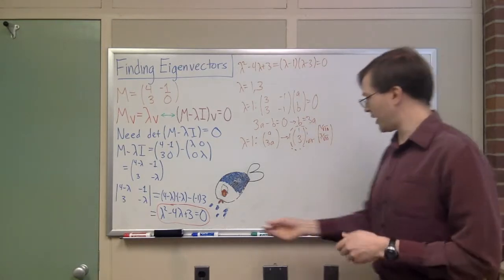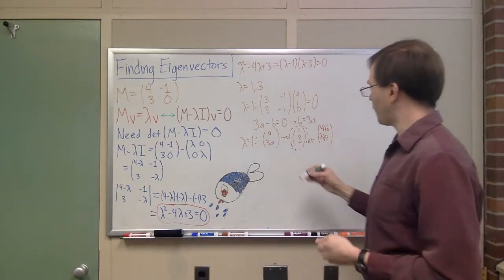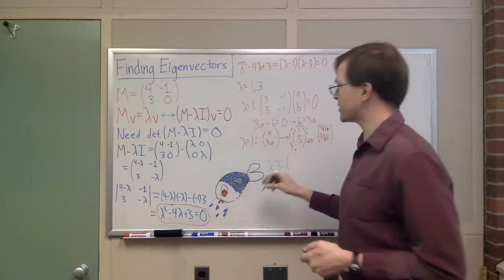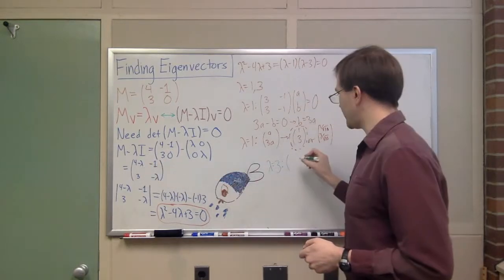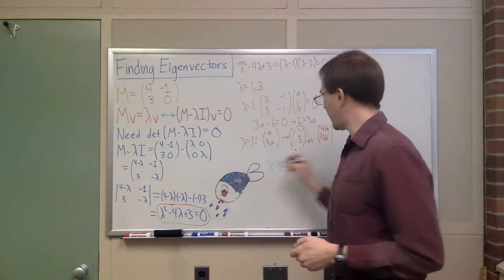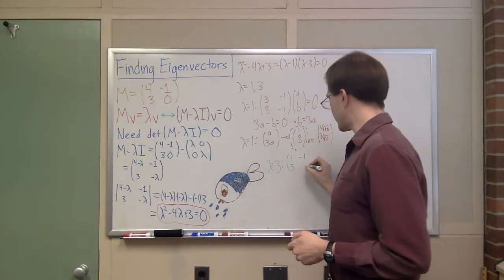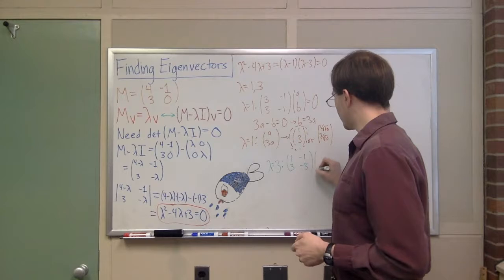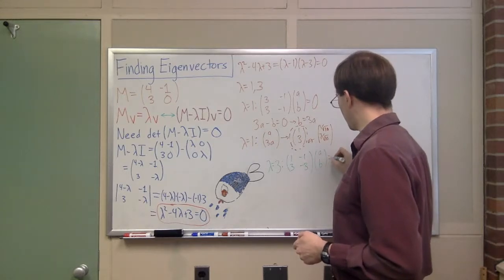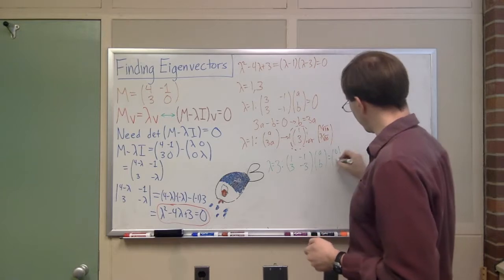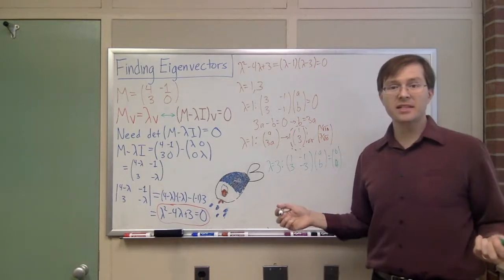I'll do the same thing for lambda equals 3. Let me do that. For lambda equals 3, my matrix is 4 minus 3 is 1, minus 1, 3, and minus lambda is minus 3, times AB equals the 0 vector, 0, 0. And hey, this is another equation.